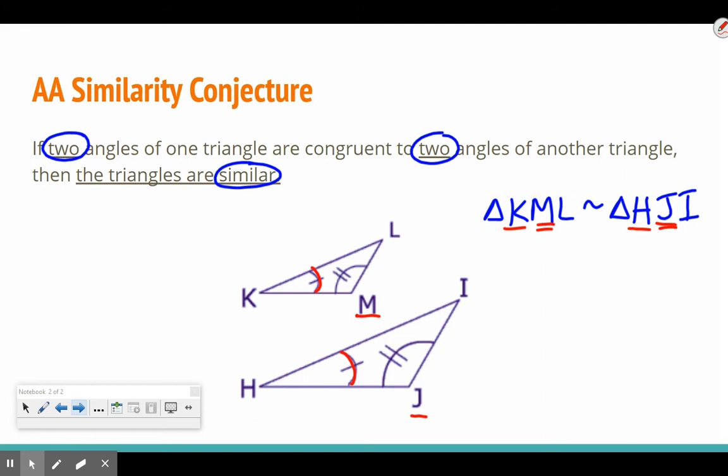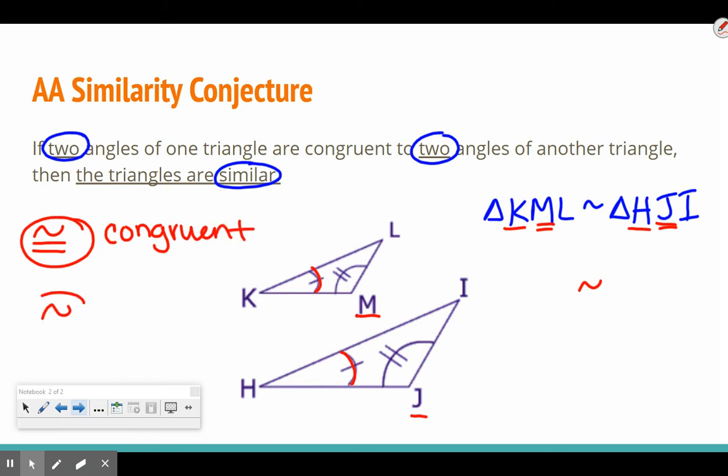I know this was mentioned the other day, but just know that the similarity symbol is just the squiggle on top of our congruency symbol. So congruent, we had a symbol like this, that means congruent, and just the one little squiggle is similar.